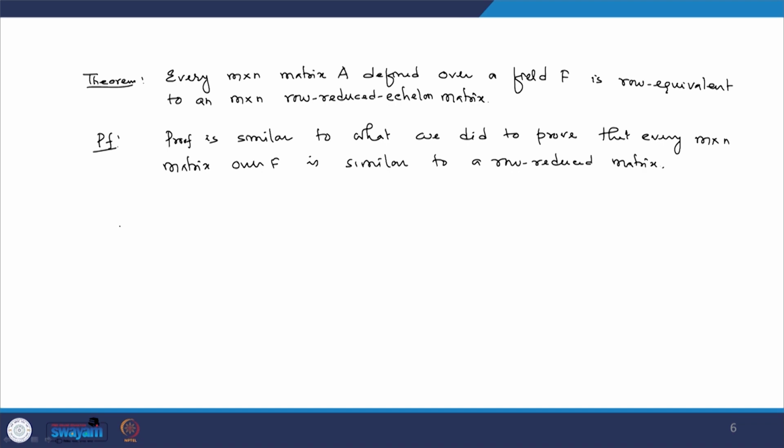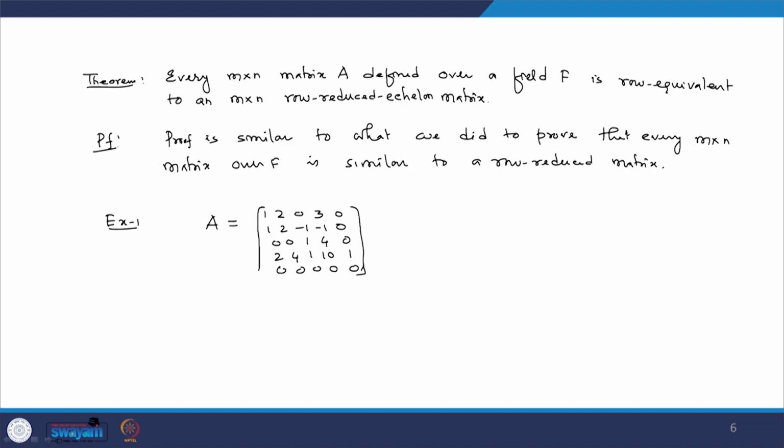So, let me take an example. Say capital A equal to ... 2, 4, 1, 10 and 1, 0, 0, 0, 0, 0.